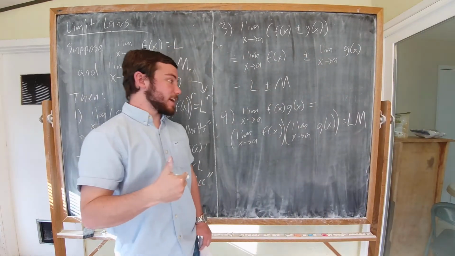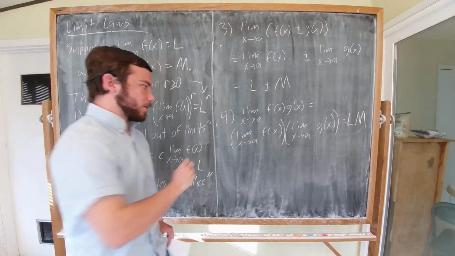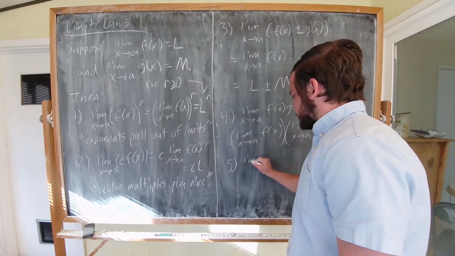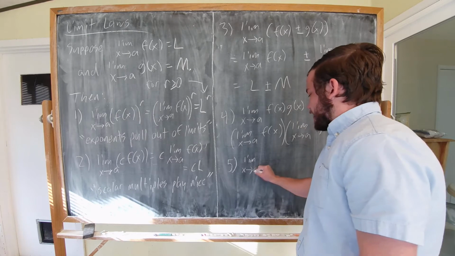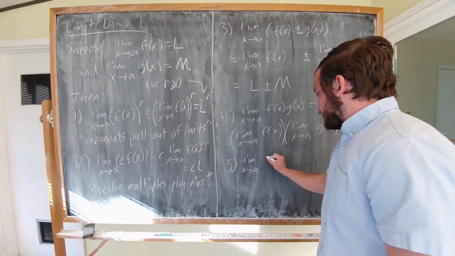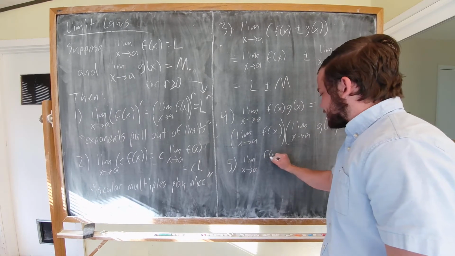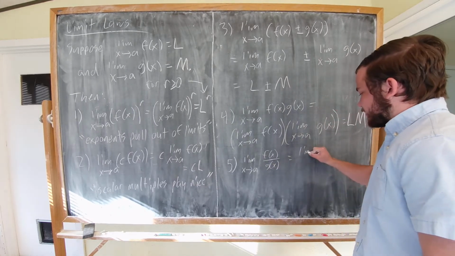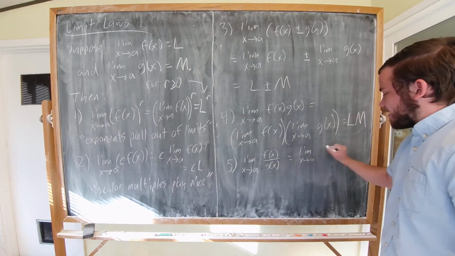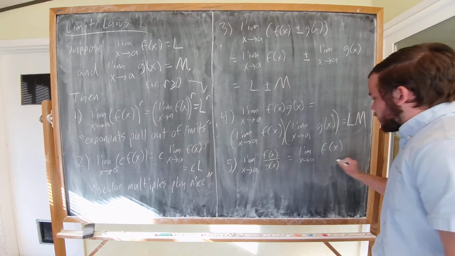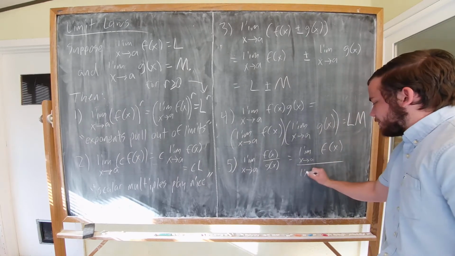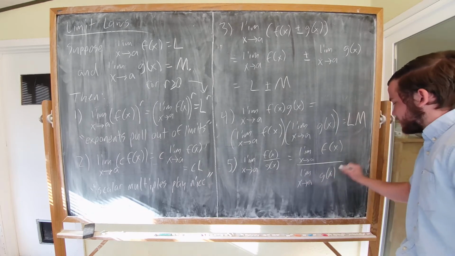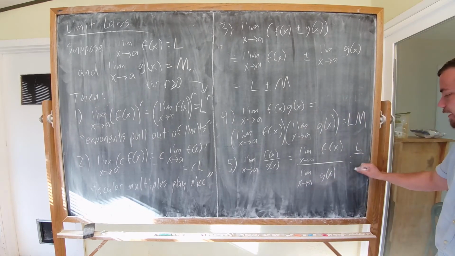So that works nicely, and division also works nicely. Limit as x goes to a of f of x divided by g of x is the limit as x goes to a of f of x over the limit as x goes to a of g of x, which is L divided by m.